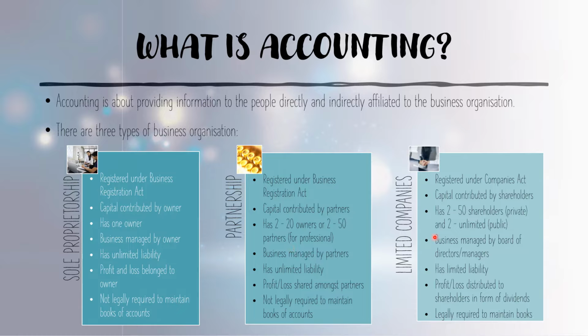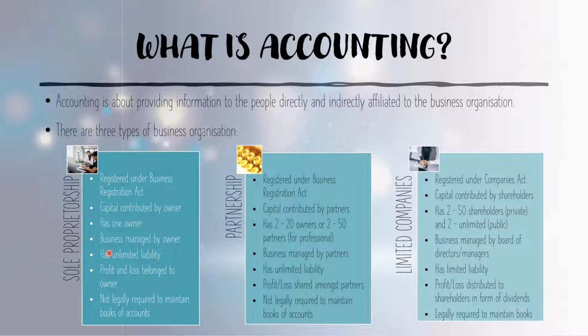And for limited company, the number of shareholders allowed is 2 to 50 shareholders for a private company, or 2 to an unlimited number of shareholders for a public company. So a private company refers to sendirian berhad, and a public company refers to berhad.